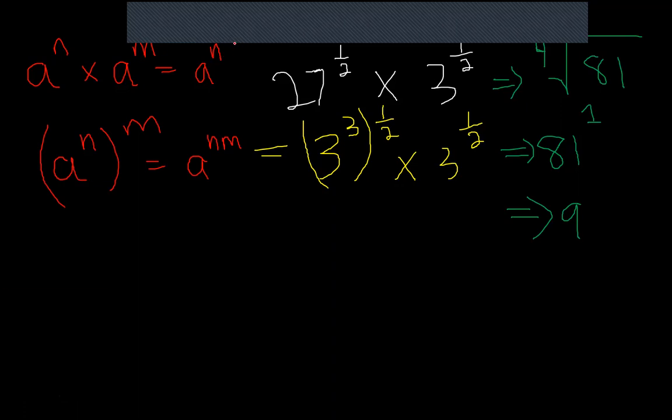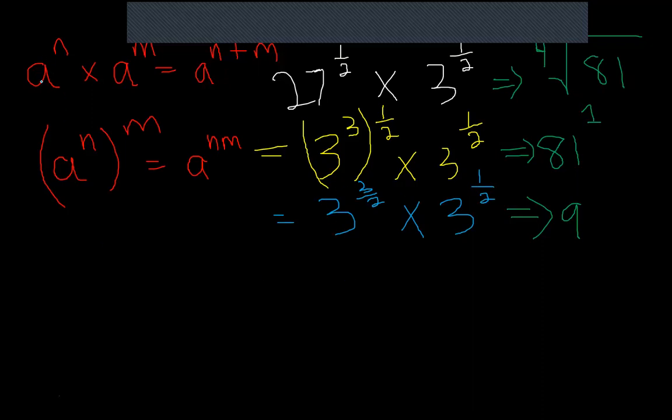Right. So looking at this rule and then looking over here, I could say, okay, 3 cubed and this whole thing raised to the power of a half, according to my rule, is supposed to give me 3 raised to the power of 3 on 2. And then it's still multiplied by 3 to the power of a half.